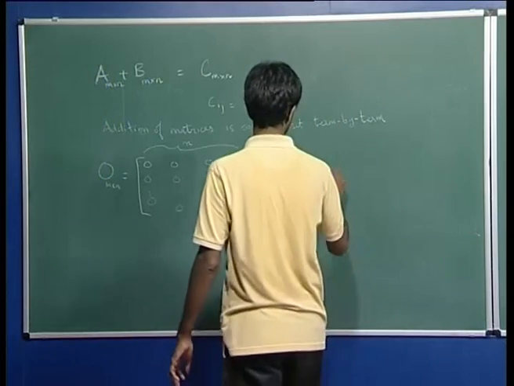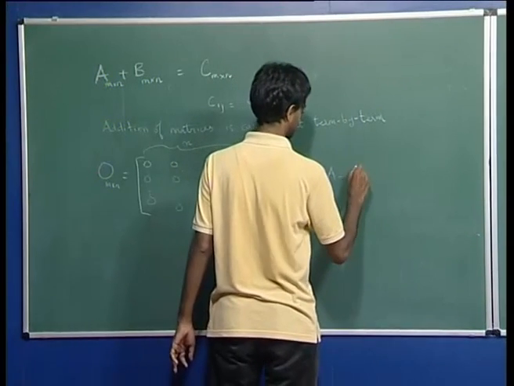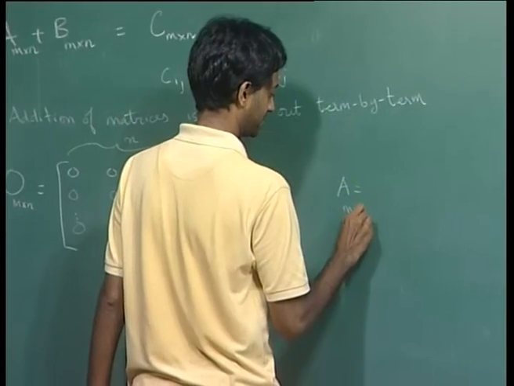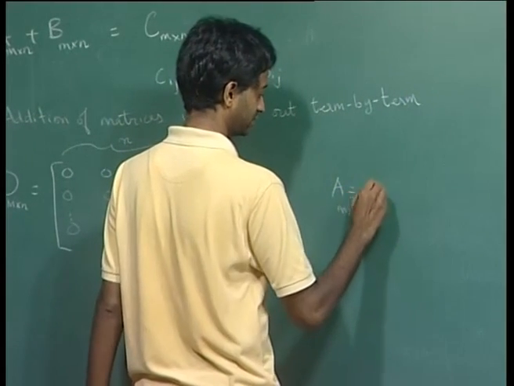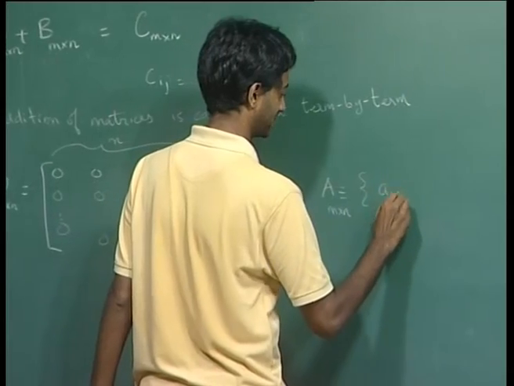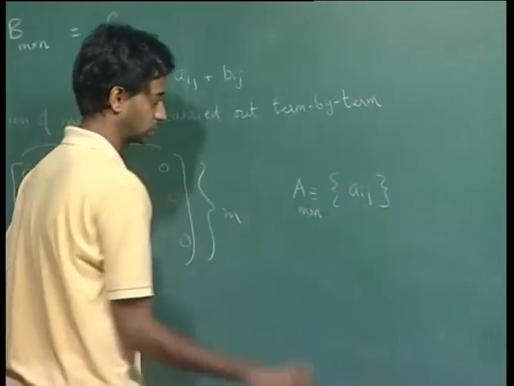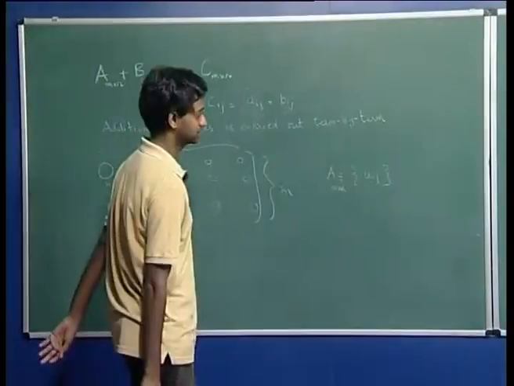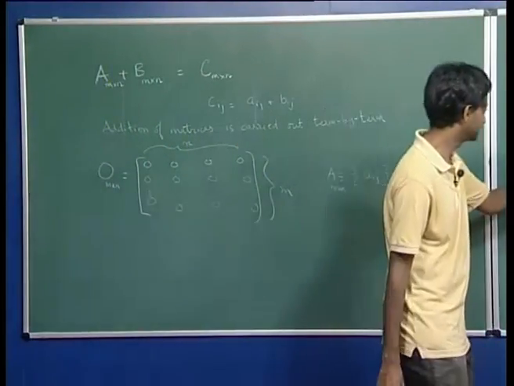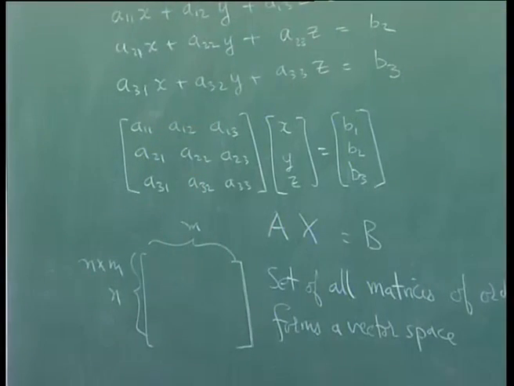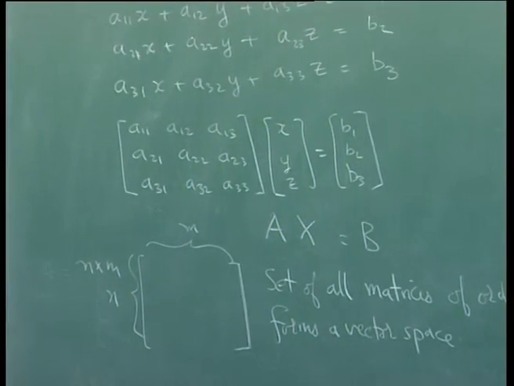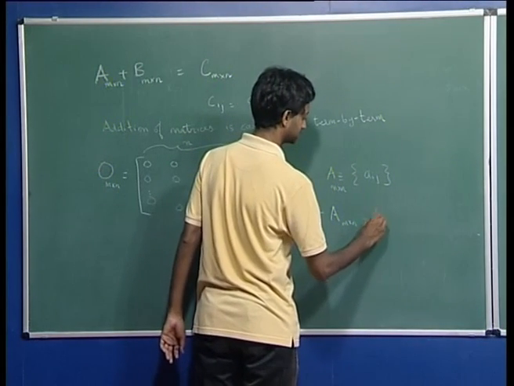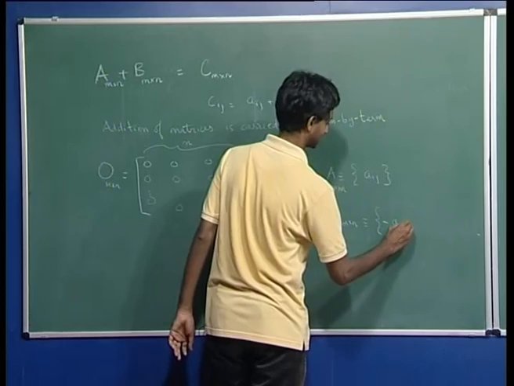So if you have a matrix A of order m by n, it is given by terms of the form A_ij. So A has various elements like A_ij. For example, if A11, A12, A13, etc., then minus A is also an m by n matrix, where the terms are instead minus A_ij.